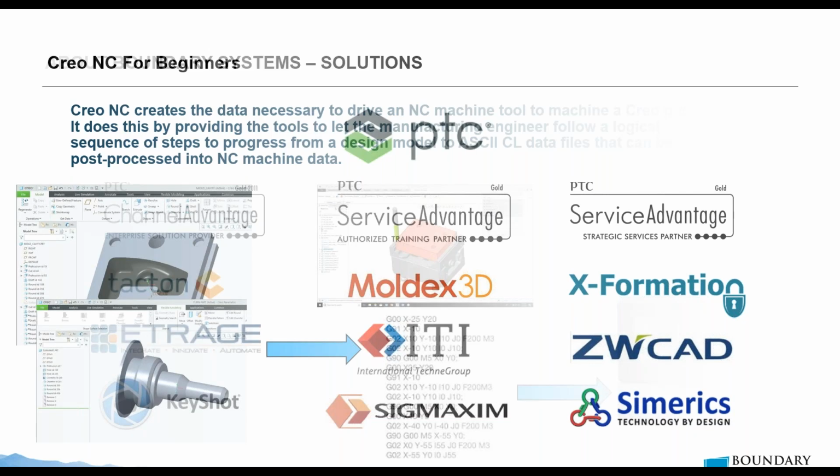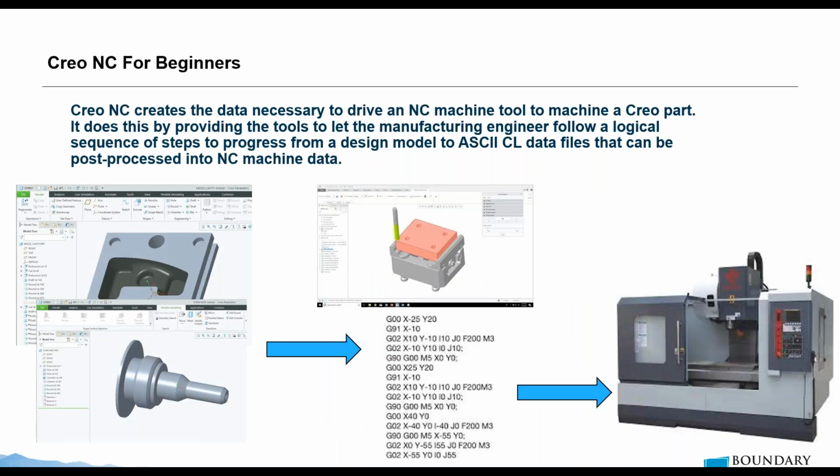Okay, so just a one slider before we jump into the demonstration. I think the most important thing when you start machining with Creo Parametric is that you need to understand the flow of how things work. As soon as you understand that, everything is going to be a lot easier to understand. So this is just a big overview of all of that.